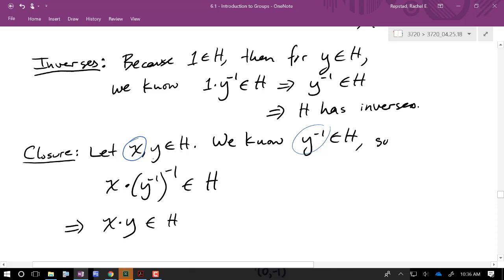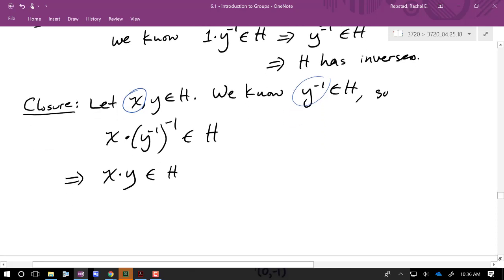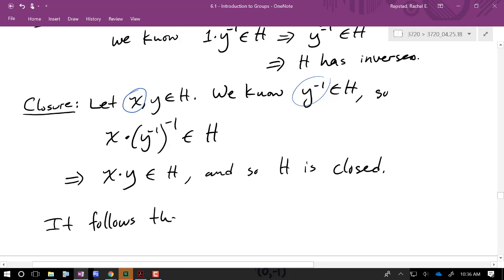So we grabbed a couple elements, x and y, in H. We show that their product, x times y, is in H. That means that H is closed. And it follows that H must be a subgroup of G, not just a subset.